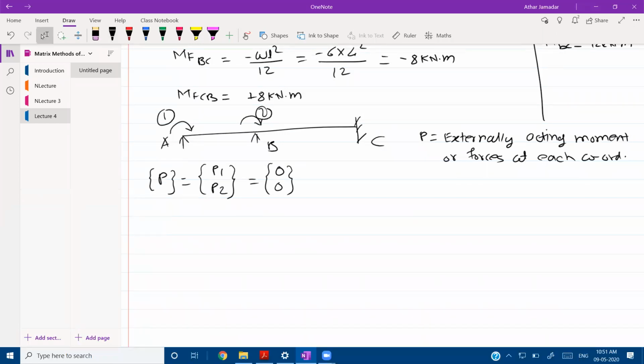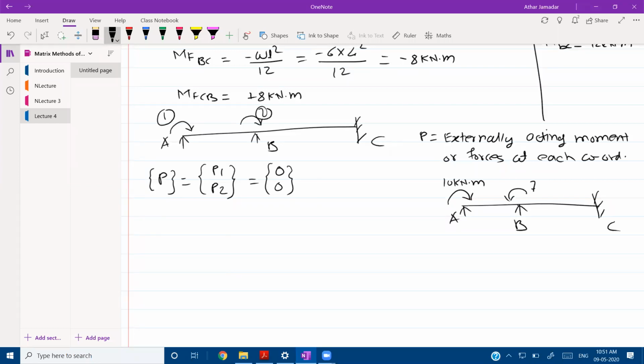Remember this. If suppose in problem it is given that, let us take one example like this. On point A, there is external moment of 10 kilonewton meter acting like this. Then in this case, if we have assumed coordinate number 1 at A, then P1 will be 10 kilonewton meter. And if at point B, anti-clockwise moment of, let us say, 10 kilonewton meter is acting, then at point B, P2 will be now minus 10. How to give sign for this P1 and P2?